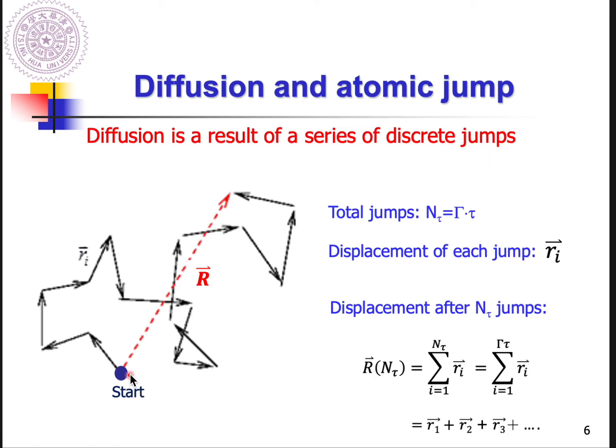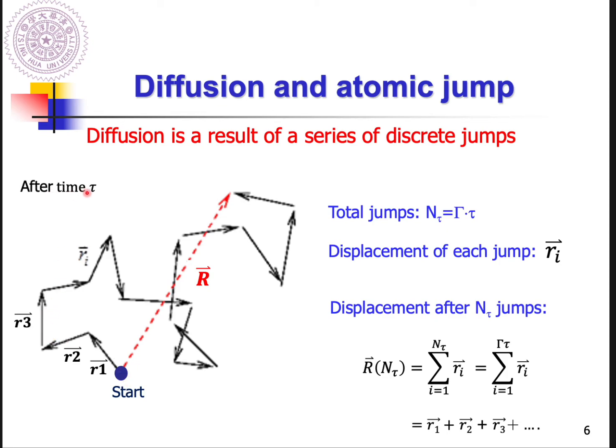For example, if there's a blue atom here, next this atom probably will jump in this direction, and next probably in this direction, and this direction is r3. This small r represents the displacement of each jump for these atoms.